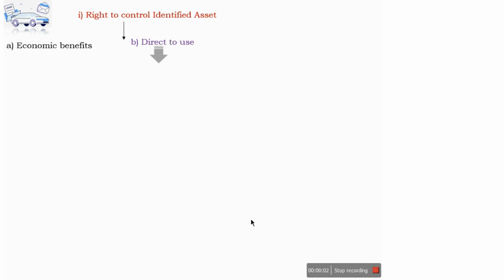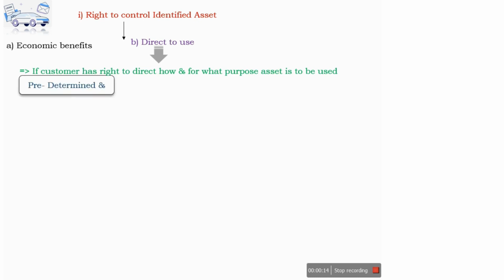Let's discuss the direct to use concept. A customer has the right to direct how and for what purpose the asset is to be used. There may be a case where it is predetermined how and for what purpose the asset will be used, and the customer will be considered as having the right to direct the use if the supplier does not have the right to change those instructions.